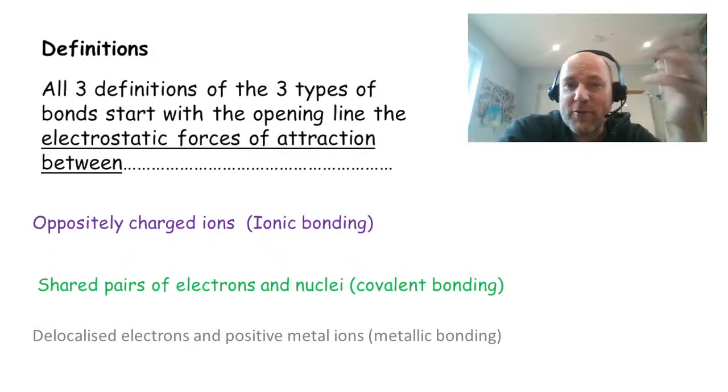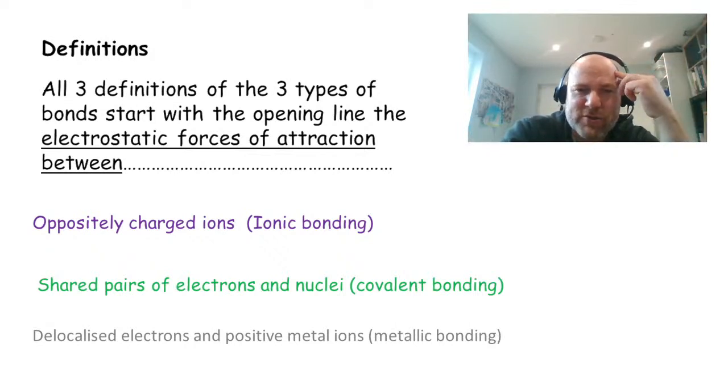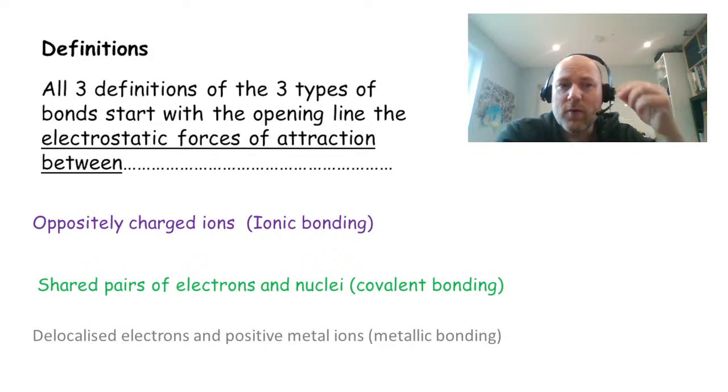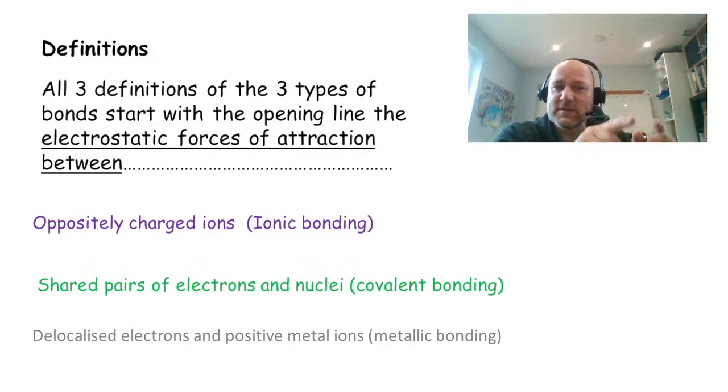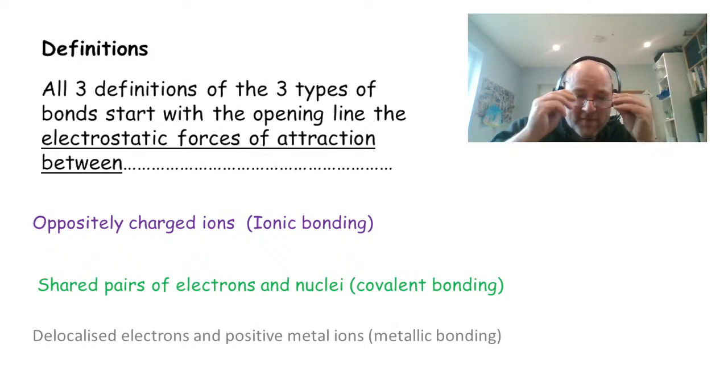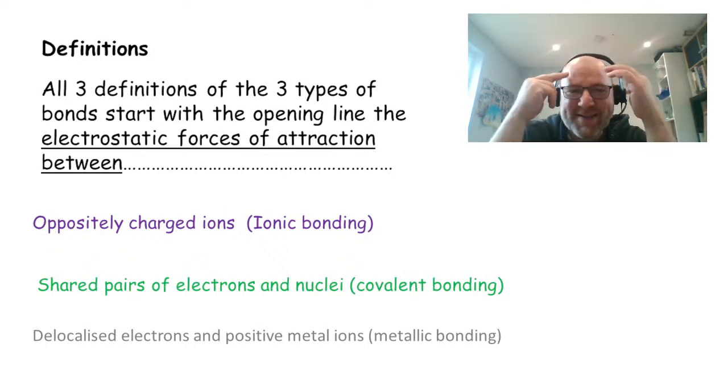You have ionic bonding, which is the electrostatic forces of attraction, I've underlined here in black, found between oppositely charged ions. So for 2 marks, it's the electrostatic forces of attraction found between oppositely charged ions.